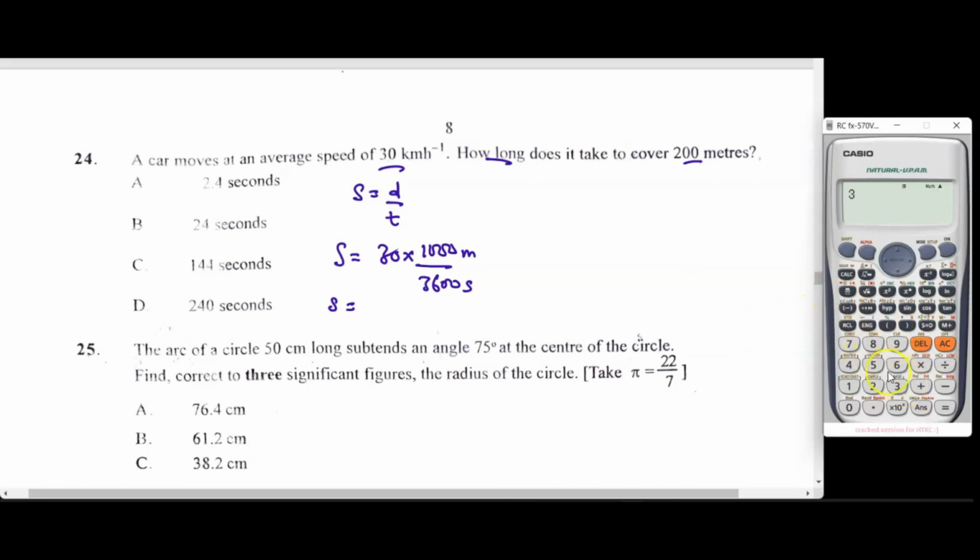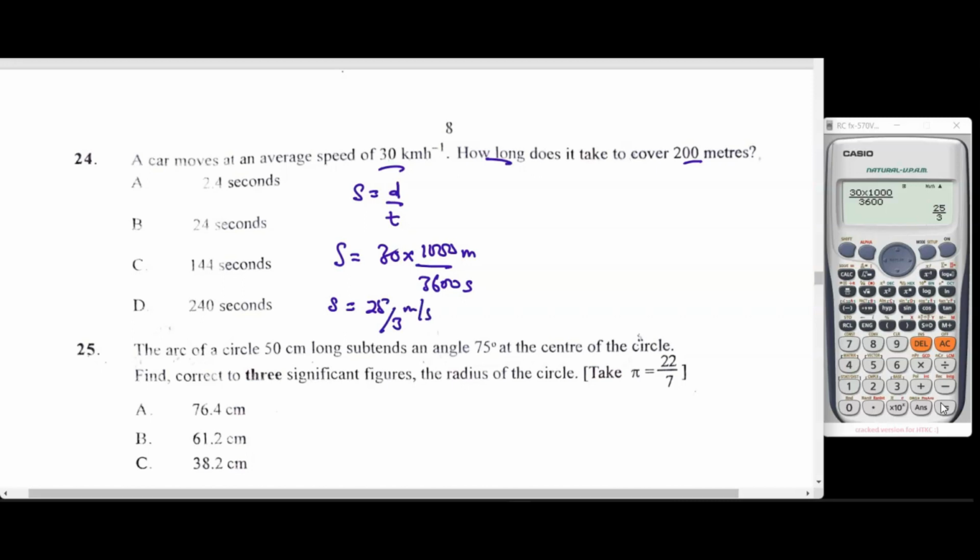So 30 times 1000, which is 30,000, divided by 3600, and that leaves an answer of 25 on 3. So that is the speed in meters per second.